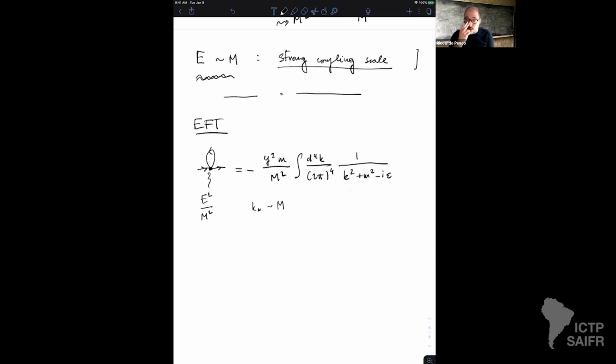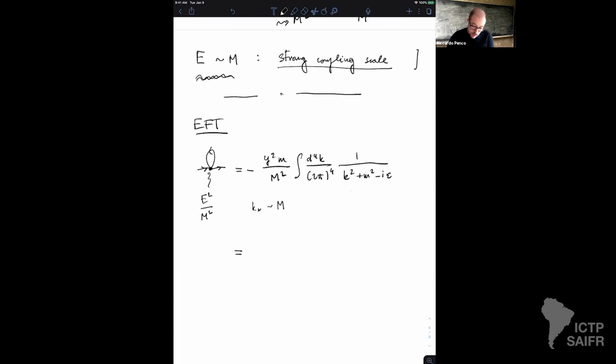And to do that, rather than using an explicit cutoff, which would also have a variety of other problems, say, in gauge theories, we choose instead to work in dimensional regularization and in the MS bar scheme, the modified minimal subtraction scheme.